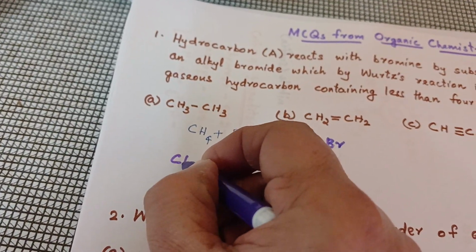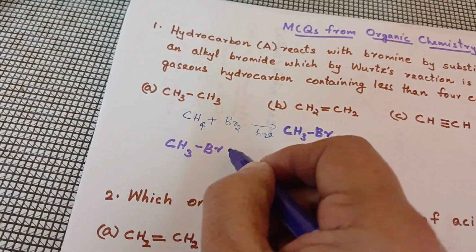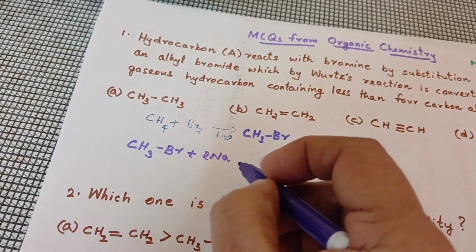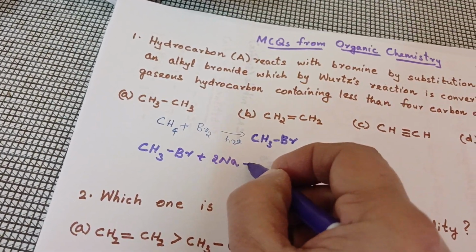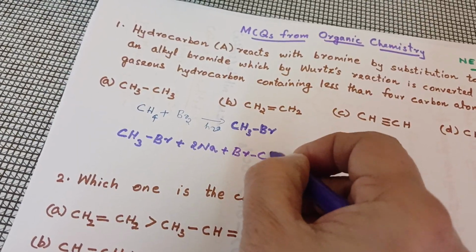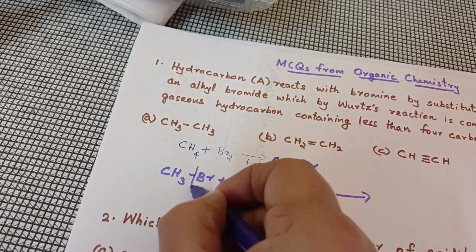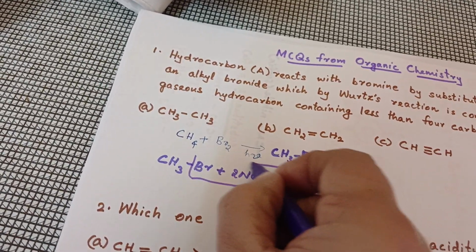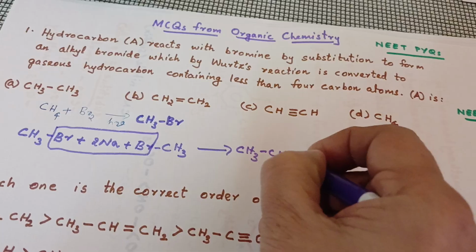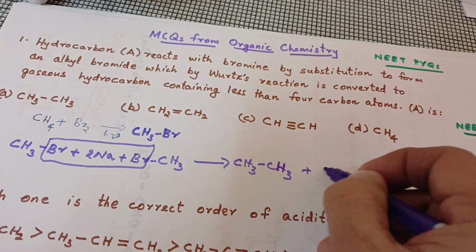So we can write it like this: CH3Br plus 2Na, sodium in the presence of dry ether, plus BrCH3, another molecule. We will be getting CH3CH3 as the product, and 2NaBr.